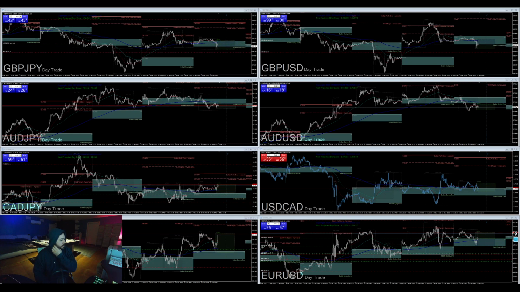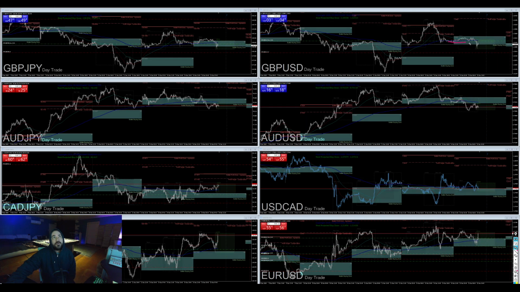Alright, so it is 2:22 a.m. Still early in the hour. Still early in the candle as well. On the 15-minute chart, we are getting some movement here on the euro. Some reaction to the buy zone. However, I am losing confidence in the pounds because what appears to be breaking support.